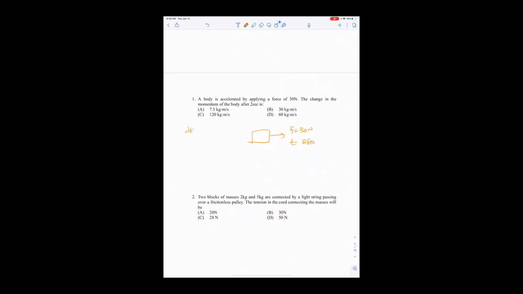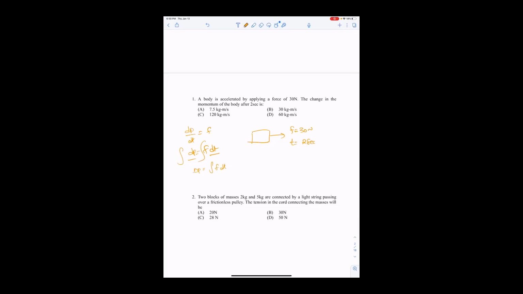So as you know, dP by dt is force. So dP is F dt. You can remember why I'm writing this. This is always valid. When force is a function of time, momentum is a function of time, still this is valid, right? If you integrate, delta P is integral F dt.